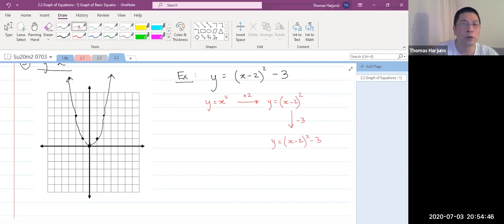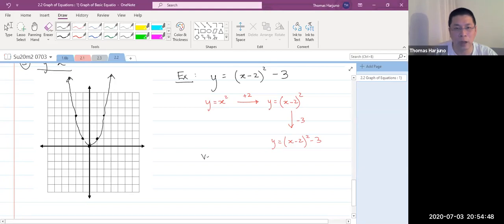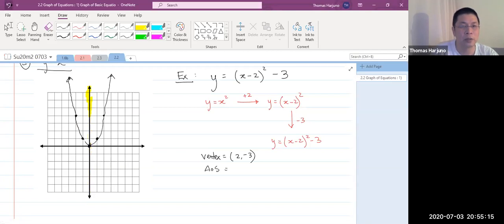So the new vertex, instead of (0, 0), now becomes (2, -3). The axis of symmetry, originally x equals 0, this is the axis of symmetry, the y-axis. When you move 2 units to the right, the axis of symmetry now becomes x equals 2.